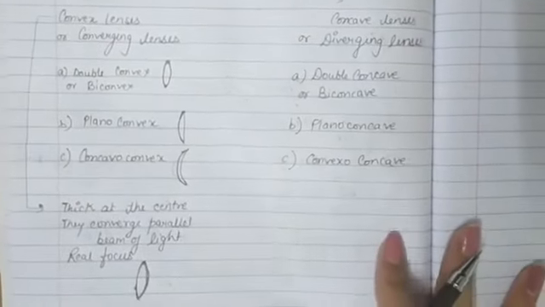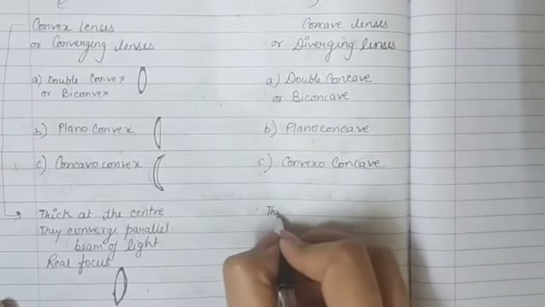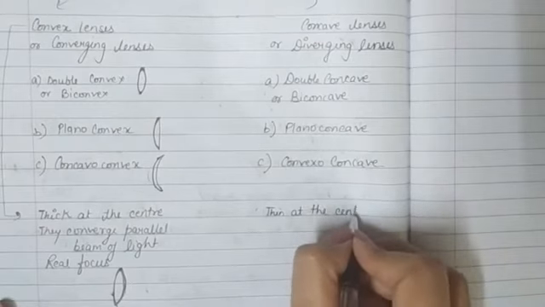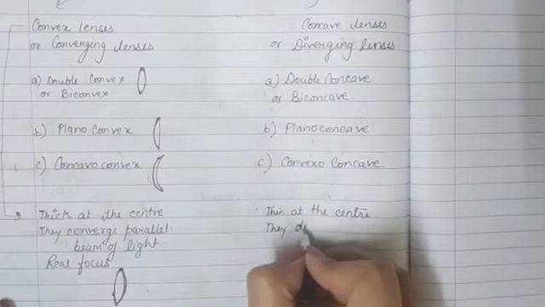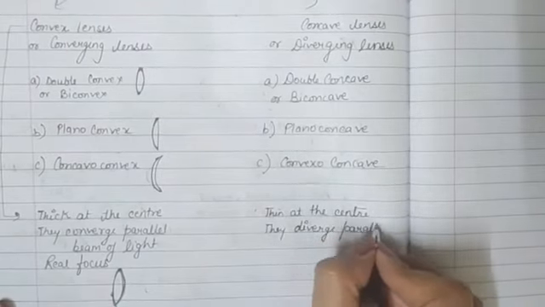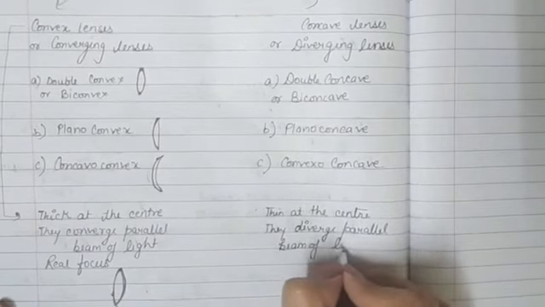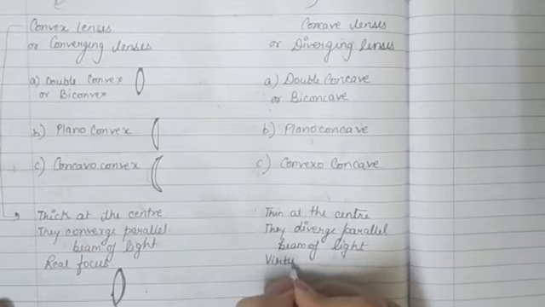Similarly, to define concave or diverging lens, we have to keep in mind that these are thin at the center in comparison to the edges, right? They diverge parallel beam of light and they have virtual or imaginary focus.